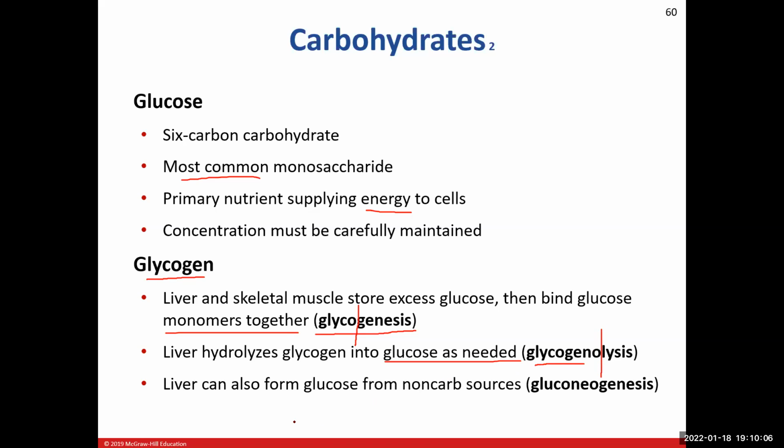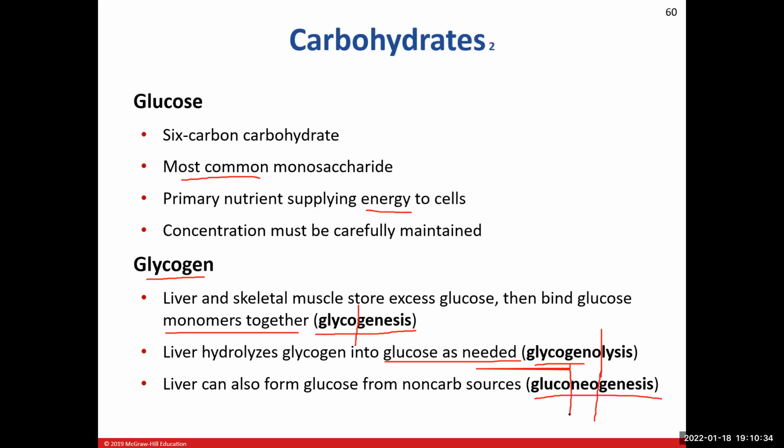If, let's say, we still need more energy, your liver can also undergo the process called gluconeogenesis. Genesis is to make, to create. Gluco stands for glucose and neo stands for new. So the liver, in order to make glucose, is going to look for what we call non-carbohydrate sources.